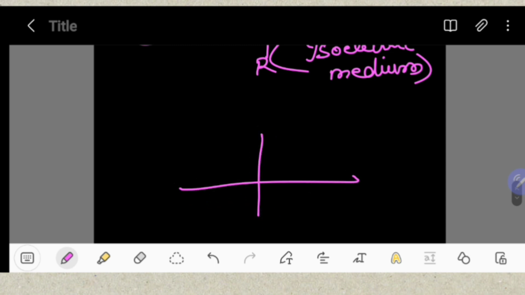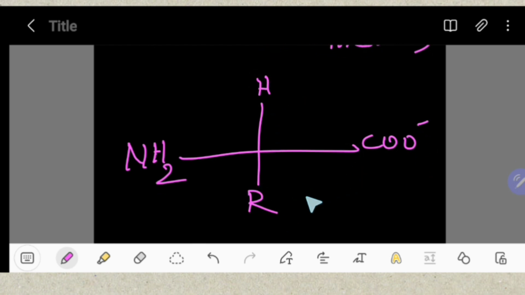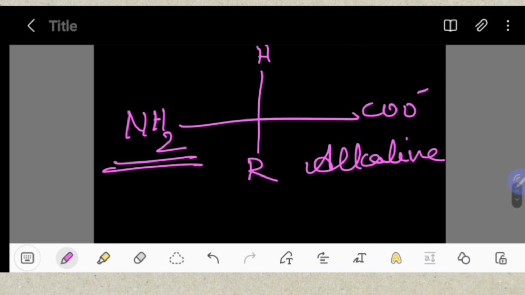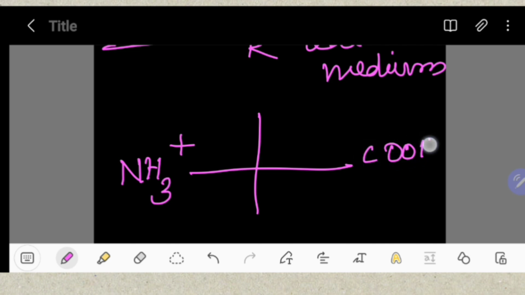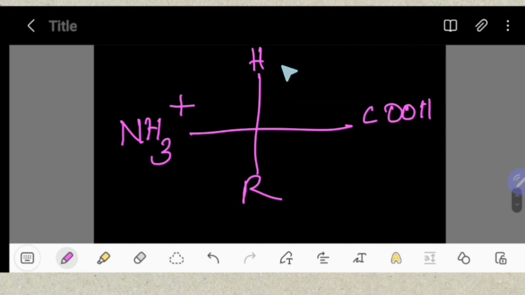In alkaline medium, NH2 will remain as such and the acidic one will change, giving COO minus, R and H. In acidic medium, it is just the opposite: the acidic group remains as such, and the one changing is the basic group, that is NH3 plus.